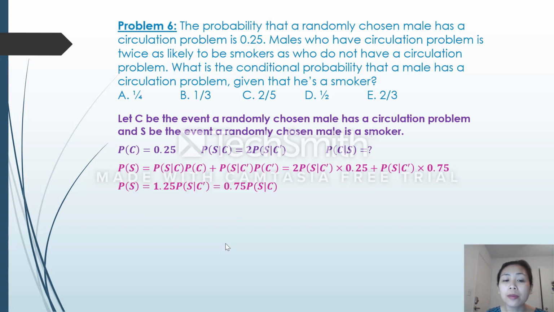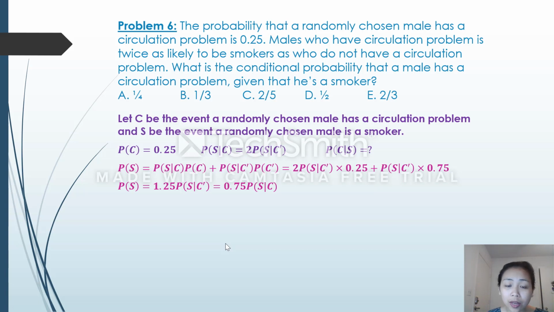So probability of S is 1.25 times probability of S given C prime, because 0.25 times 2 is 0.5, plus 0.75 is 1.25. And don't forget that probability of S given C prime is 1/2 of probability of S given C. So probability of S is 0.75 times probability of S given C.